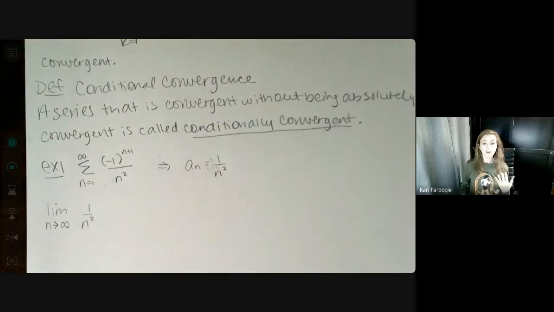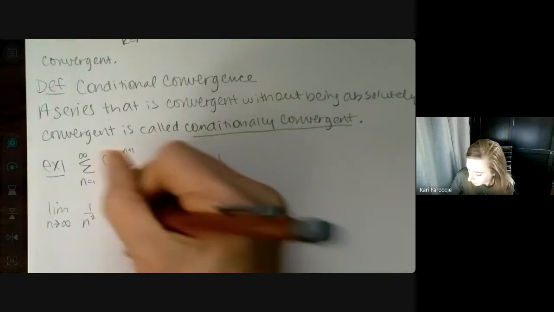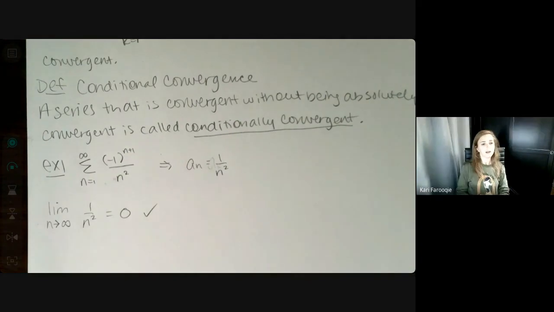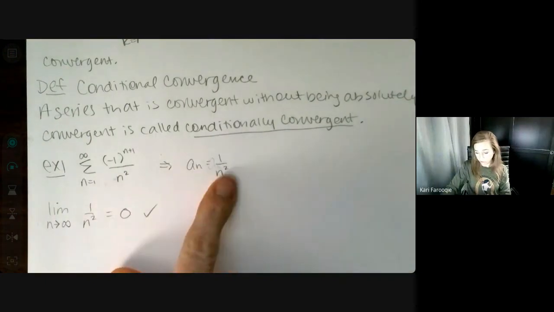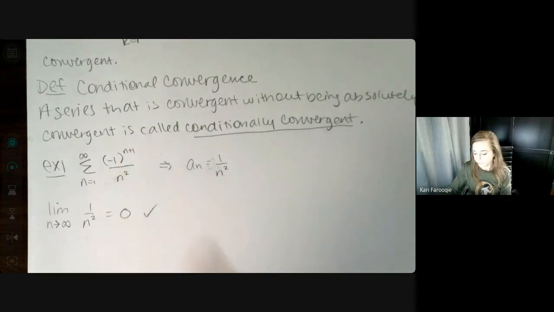So you're going to take the limit of a_n, or a_k, however it's written for you. If you get 0, great. That's one condition that needs to be met in order for the alternating series to converge.